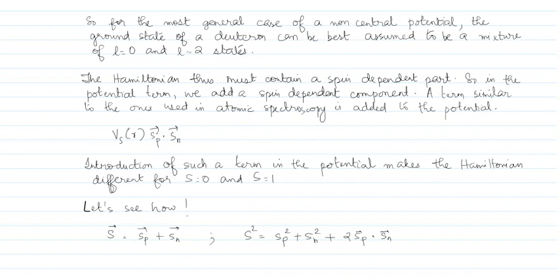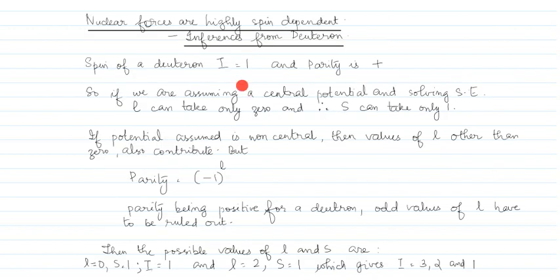So from all these considerations, we see that there is a restriction or a preference for a particular spin value, even though different values are possible. When I say that, what do I mean? See, my neutron and proton are spin half particles. So my Sp and Sn can take values plus or minus half.